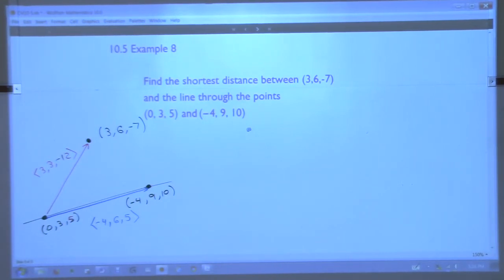Can we not just use the component formula? Do a vector projection? That is an excellent question. What do y'all think? We're trying to find the distance from here to here. We have this vector and this vector. You're saying, can't we just use the component? Which vector are you projecting onto which vector?